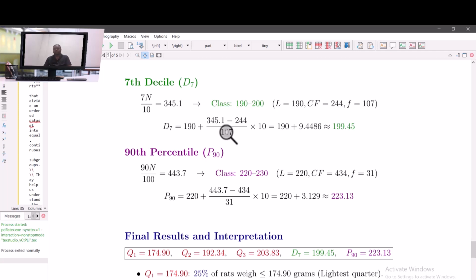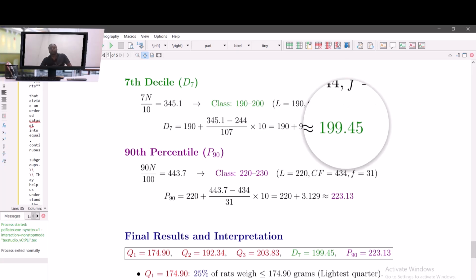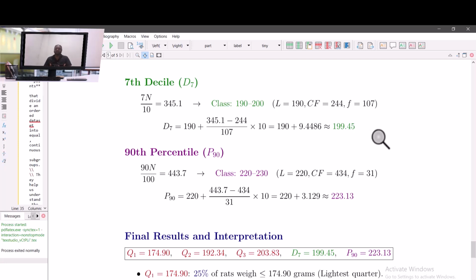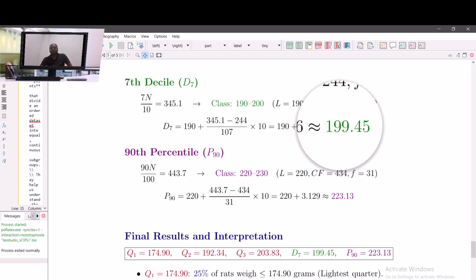Once we approximate the position where the quantile is found, we take the elements around it into the interpolation formula, then we obtain this number, 199.45. Now we can say that 70% of the rats weigh 199.45 grams and below.